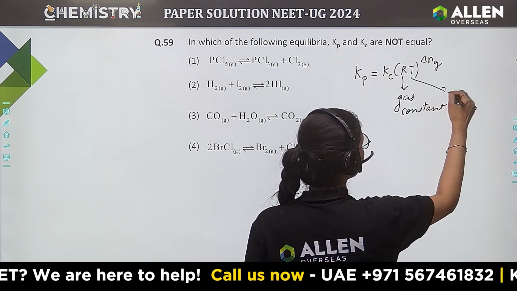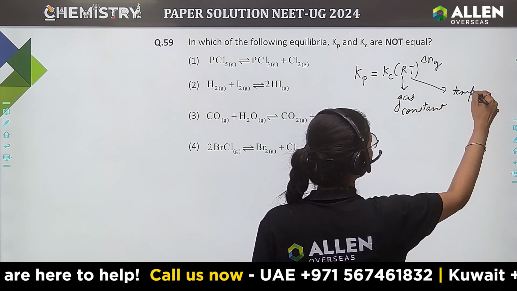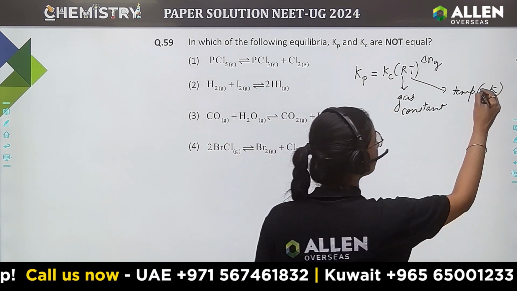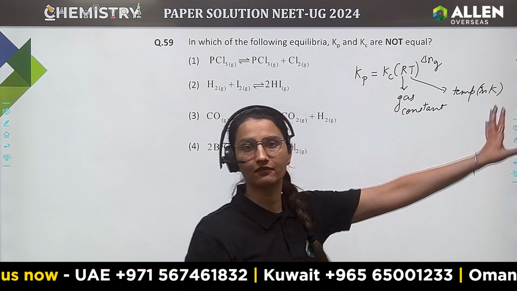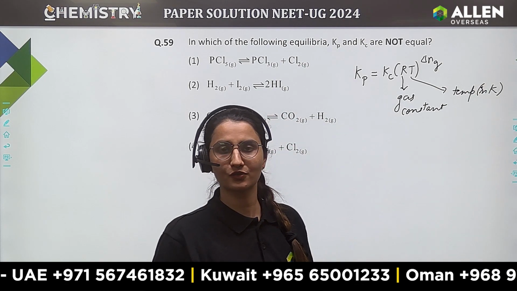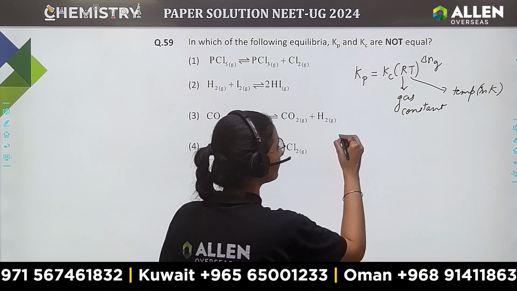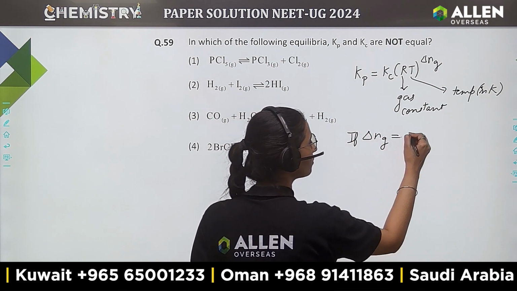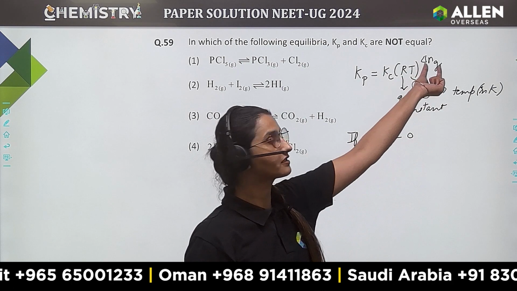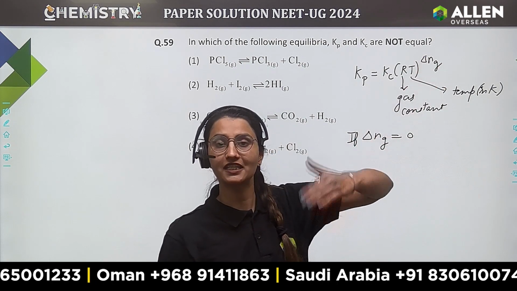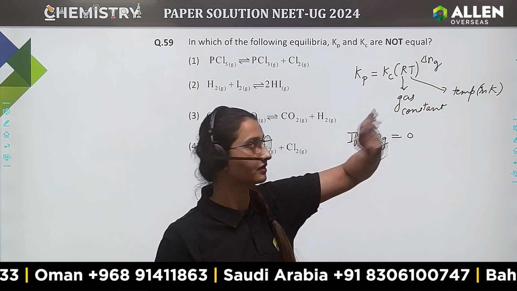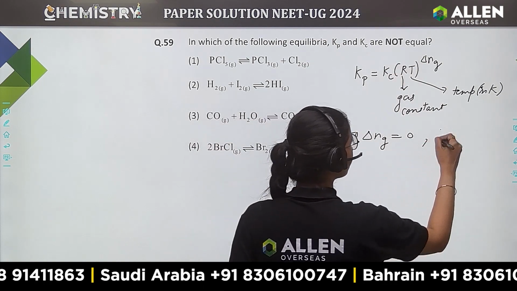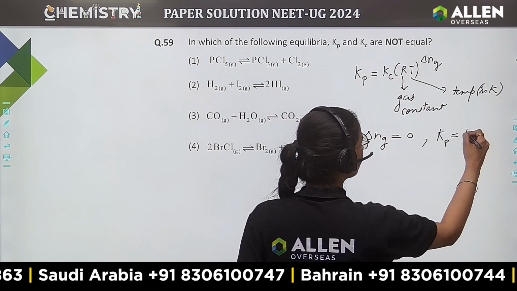T is temperature in Kelvin. So students, simple. The concept is, if delta Ng is equal to 0, if this power is 0, we know anything raised to the power 0 is 1. This whole term will become 1. Then we get Kp is equal to Kc.